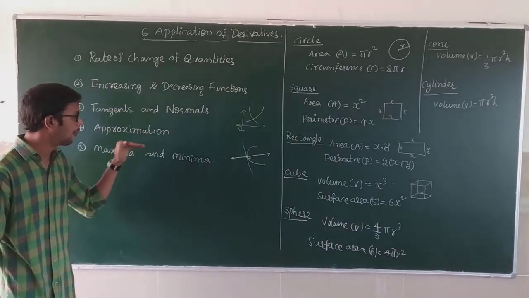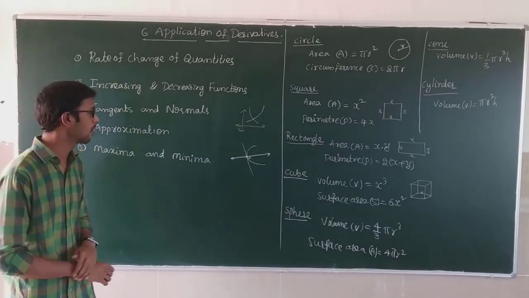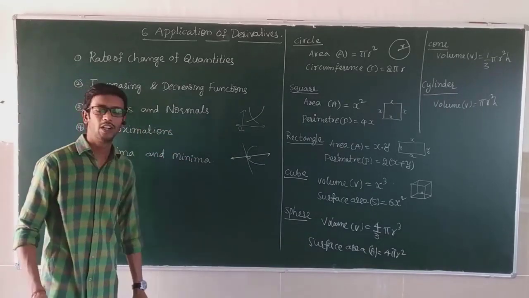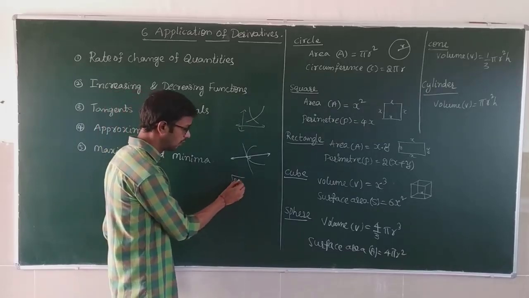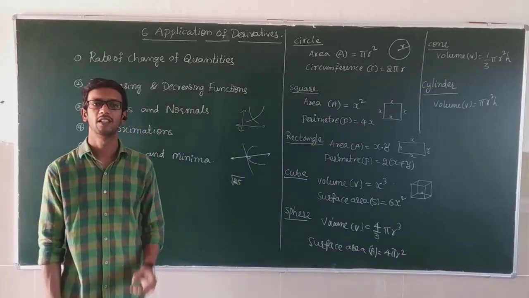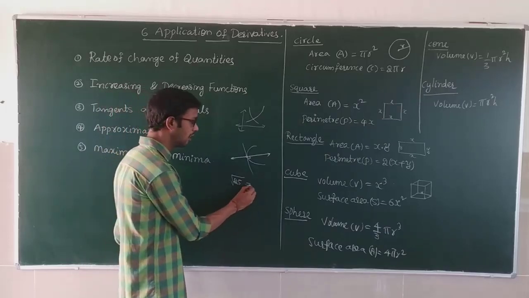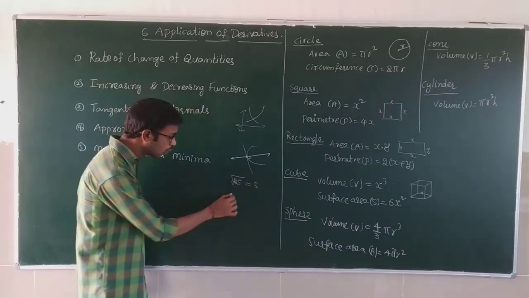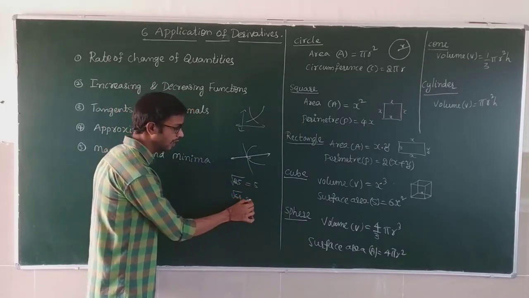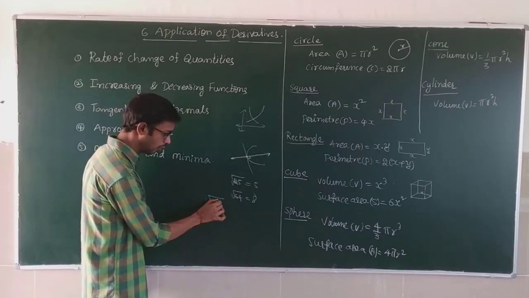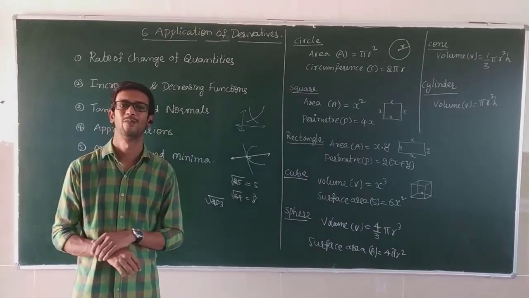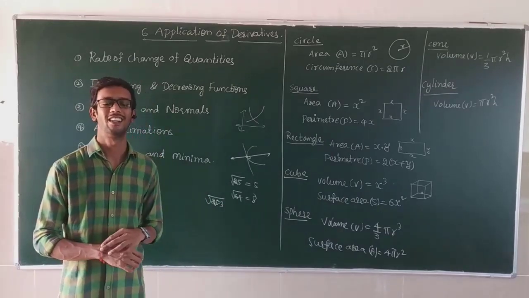Next, approximation. What is the approximation? We know all these numbers: root 25 is easily 5, and root 64 is nothing but 8. But if I ask root 25.3, we have to use the calculator.